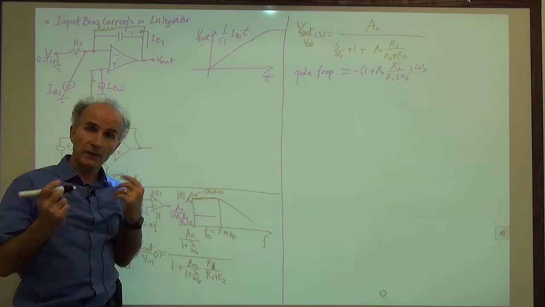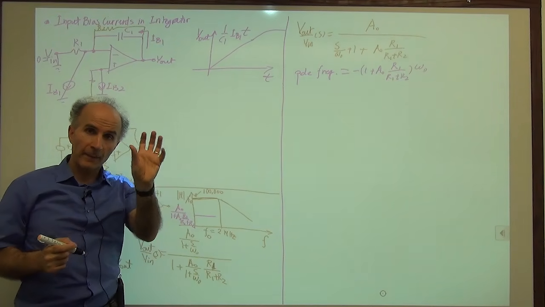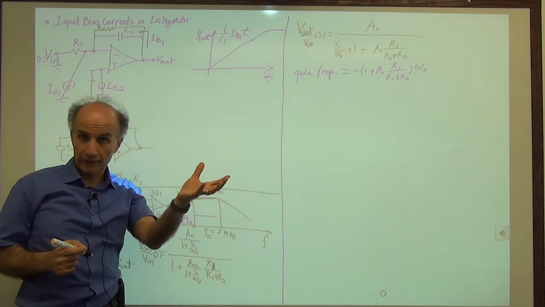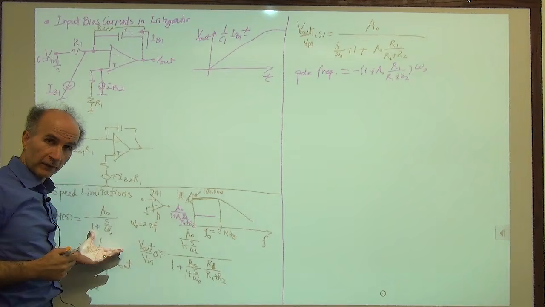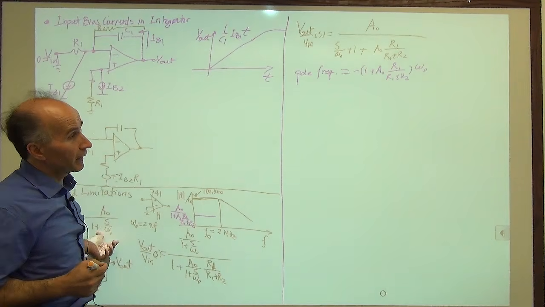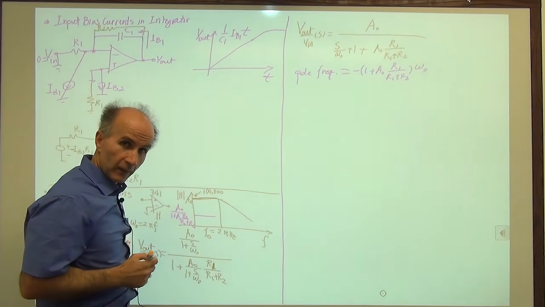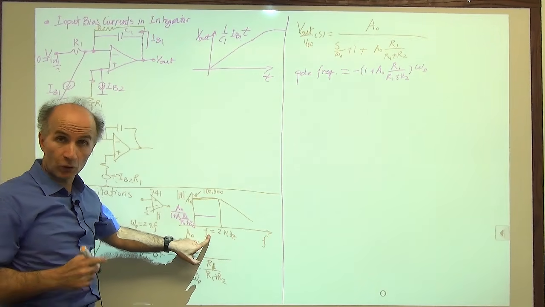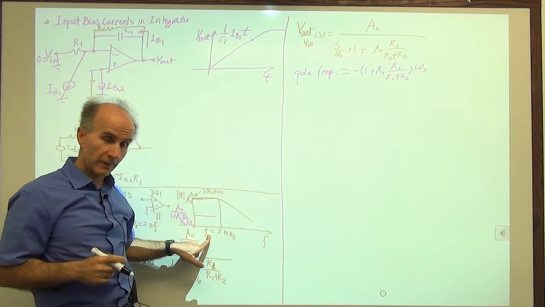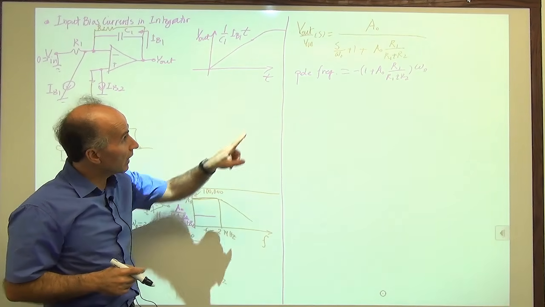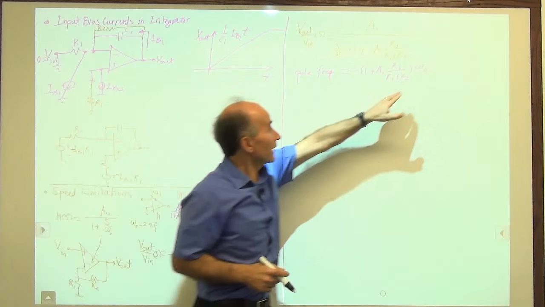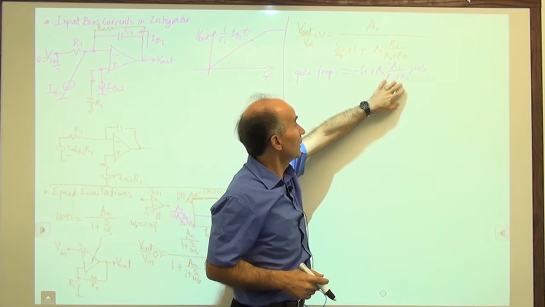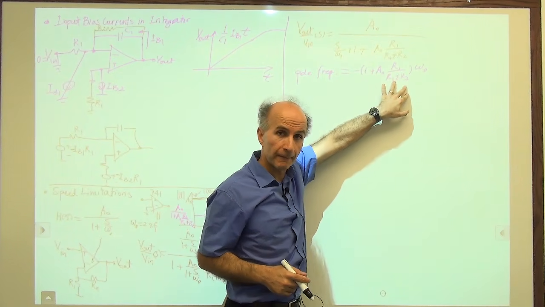So now we see an interesting difference between the op-amp itself, which we call the open loop circuit, and this closed loop amplifier. We see that the pole frequency, the 3 dB bandwidth, has changed. It used to be F0 or omega 0, there's a factor of 2 pi difference, and now it's not. It's that factor, that multiplied by a pretty large number. Right?